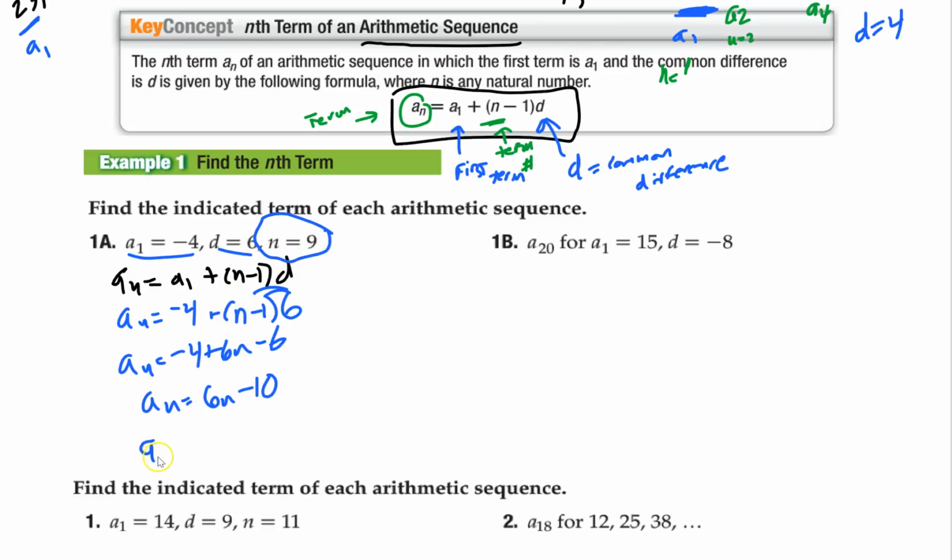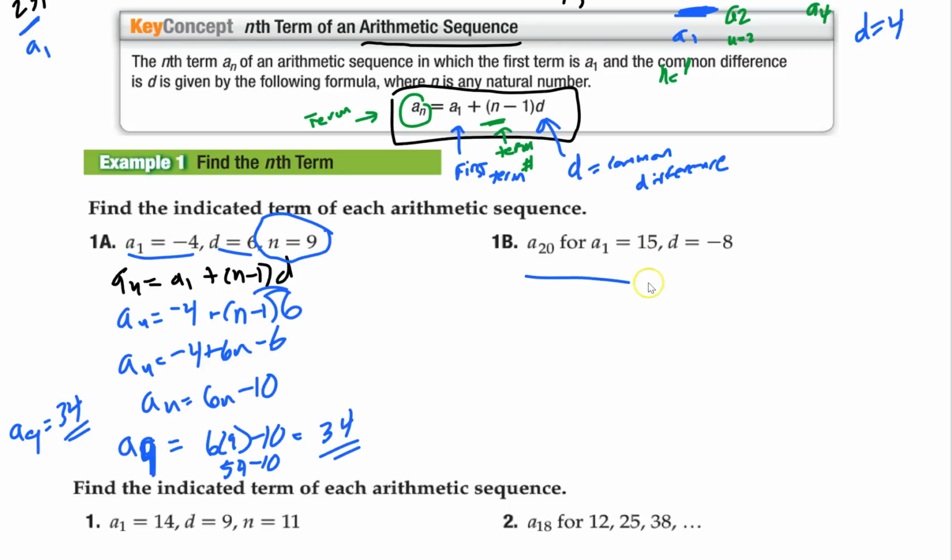So A9 is 6 times 9 minus 10, also known as 54 minus 10, or 44. So when n equals 9, when I plug it all in, I get 44. A9 equals 44. The ninth term of the sequence is 44.